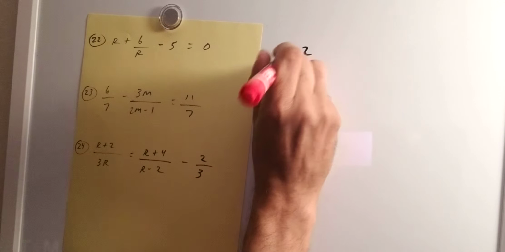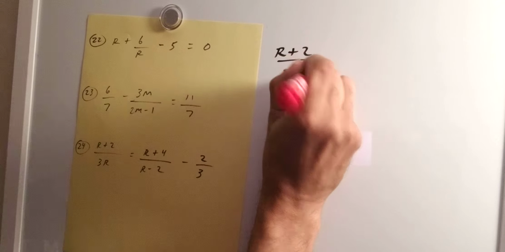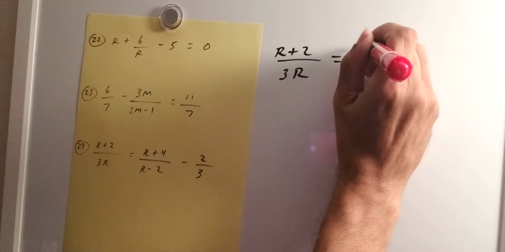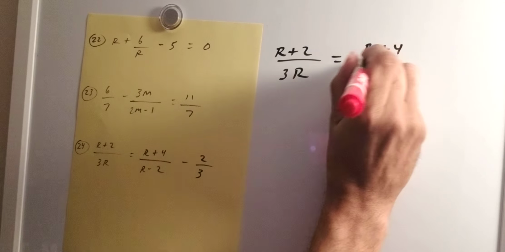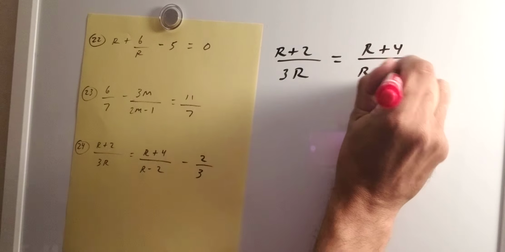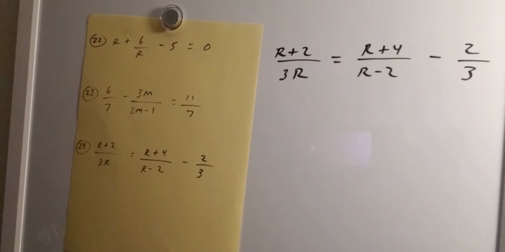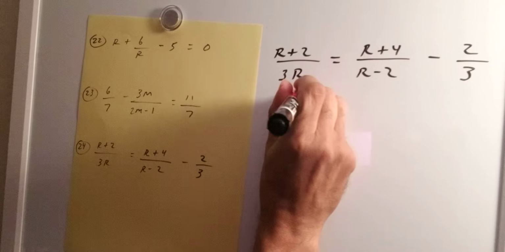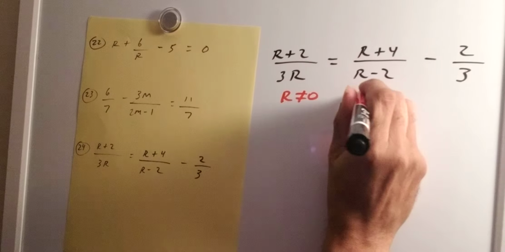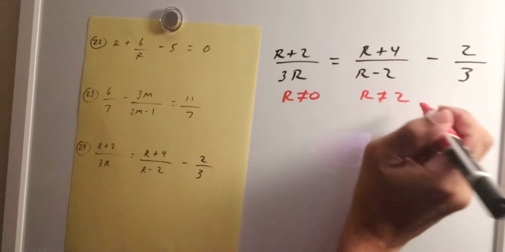R plus 2 over 3r, equals r plus 4 over r minus 2, minus 2/3. Okay, let's get common denominators after we check for restrictions. R cannot equal 0, r cannot equal 2.